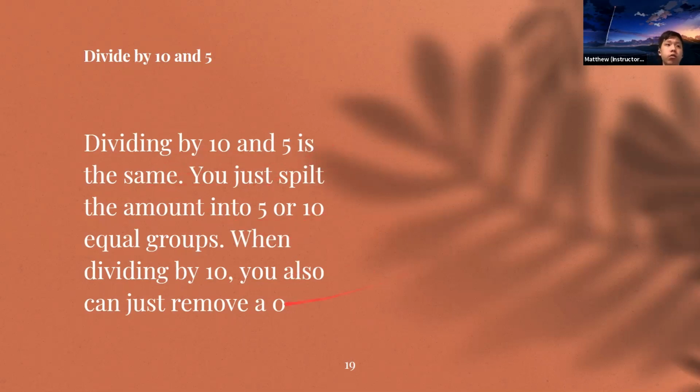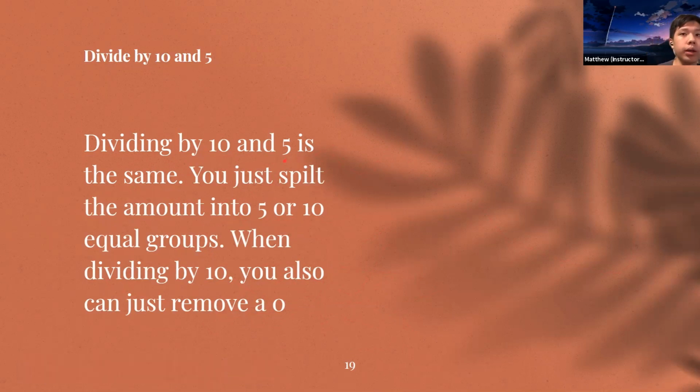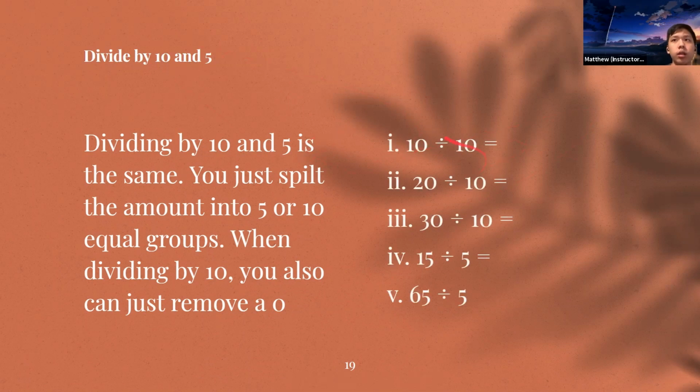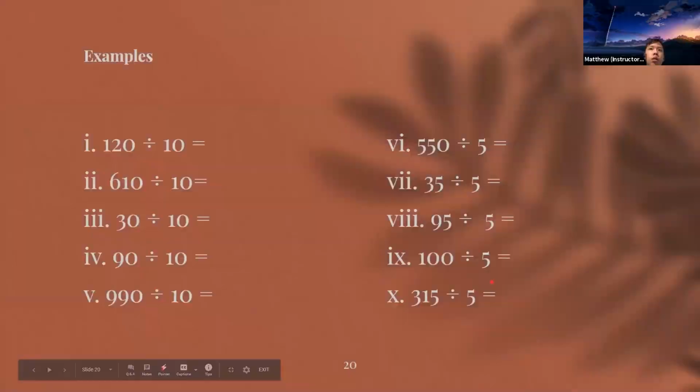When dividing by 10, you can also remove a 0 at the end, the same way you add a 0 when you multiply by 10. So 10 divided by 10 would be 1. 20 divided by 10 would be 2. 30 divided by 10 would be 3. And 15 divided by 5 would be 3. And 65 divided by 5 would be 13.